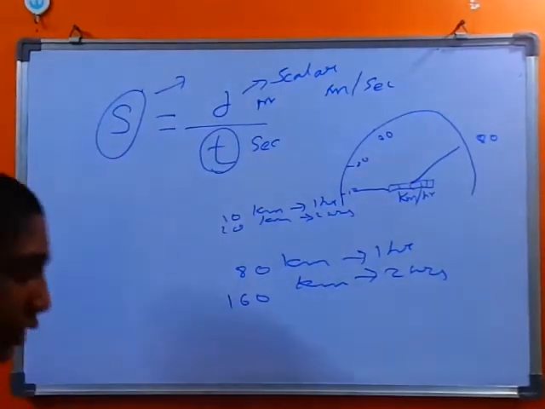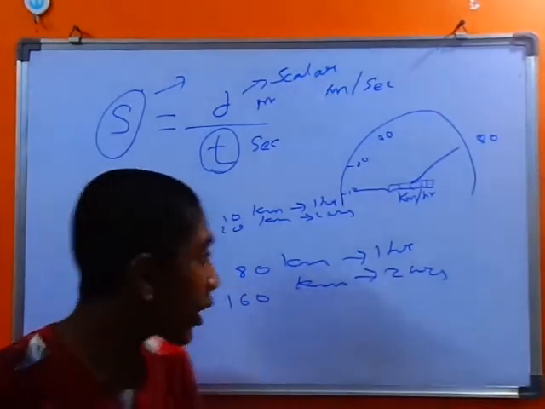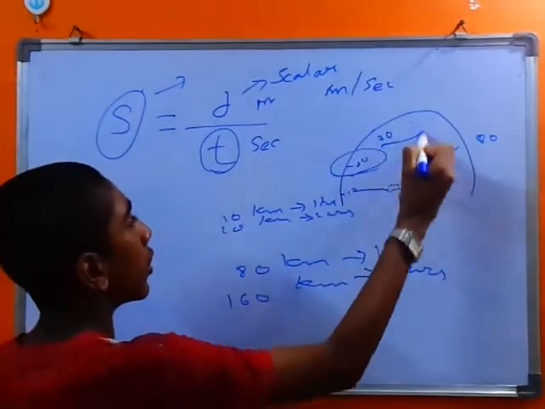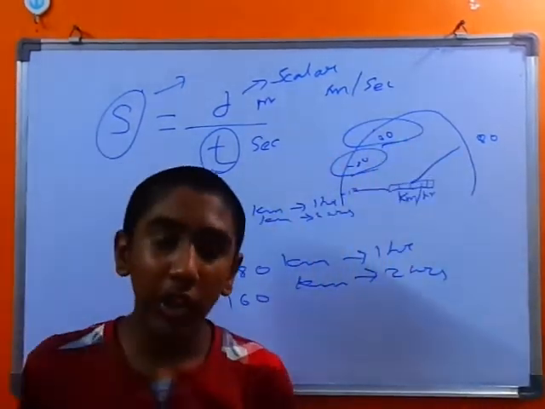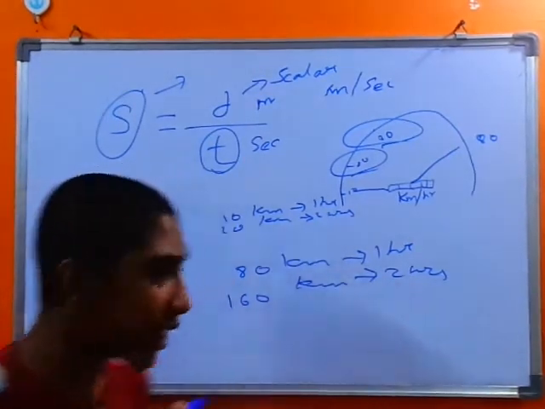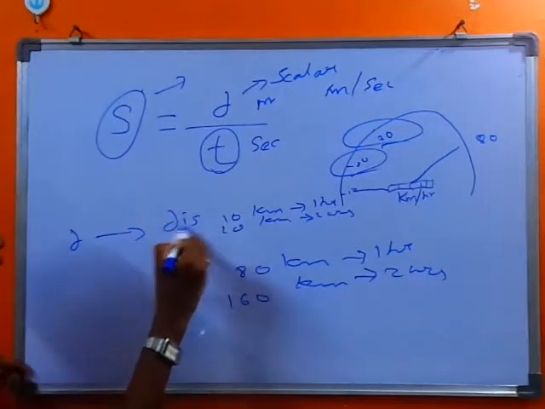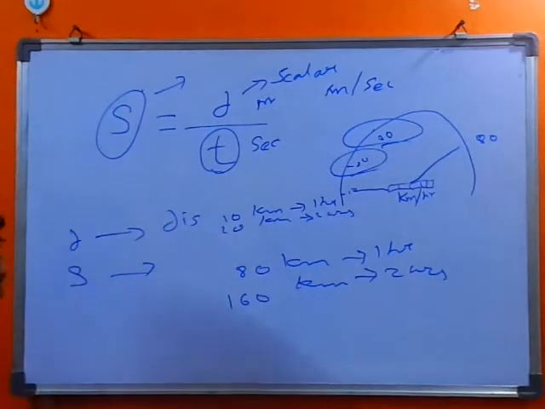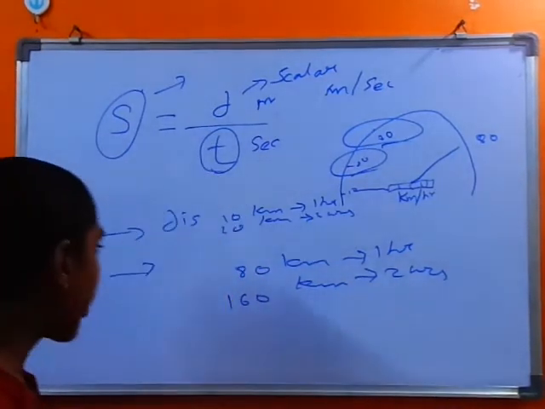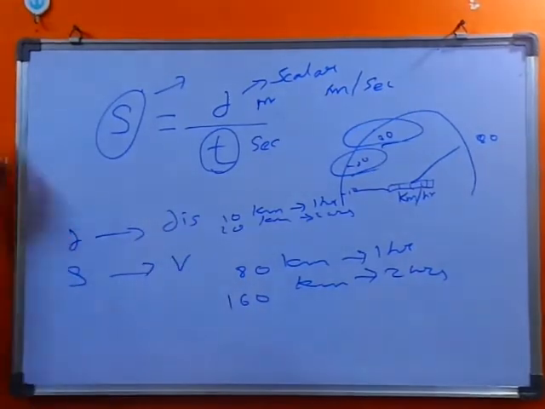So, speed has magnitude but no direction. See, distance, displacement, and speed, can you guess the next one? Yes, velocity. Now compare these properties.